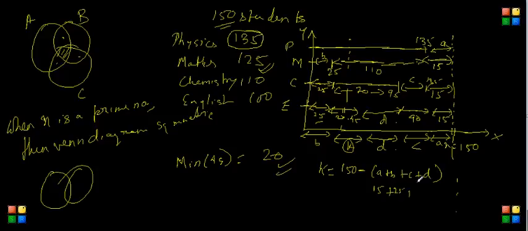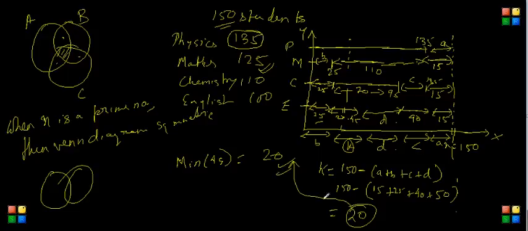What's the leftover here? 110 has to be reduced from 150. This is 40. And what's the leftover here? d is 50. So basically it's 150 minus the sum of all these, which comes out to be 40, 40, 80 plus 50, 130. 150 minus 130 is 20.